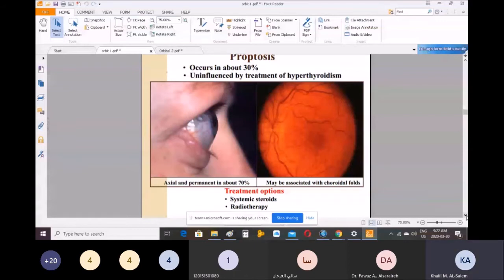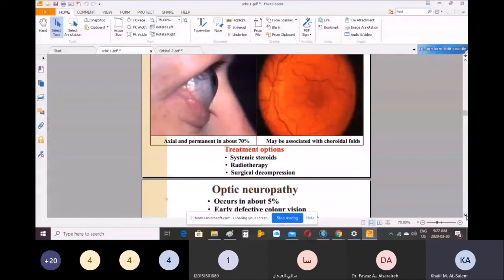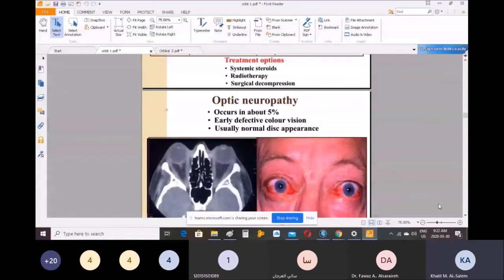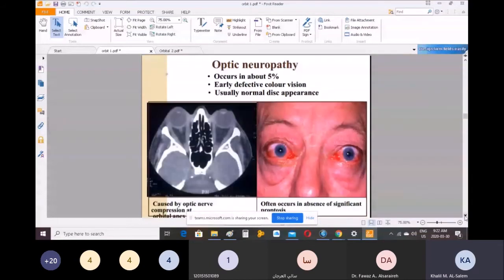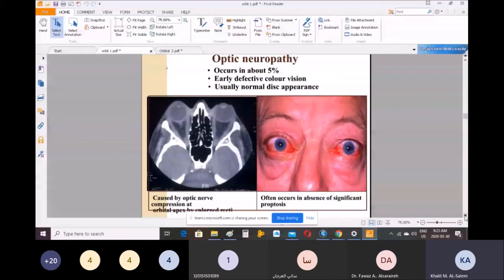Okay, so optic neuropathy. Optic neuropathy is seen only in 5% of patients. These are elderly people, above 70 years old. Usually the disc is fine. There is no edema.